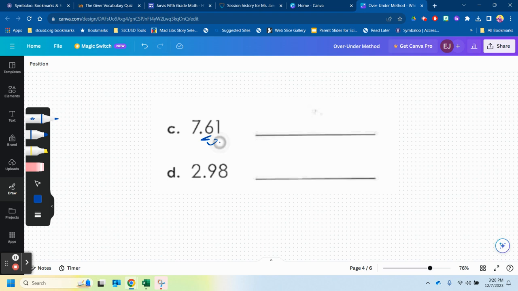If the number to the right is 5 or more, we increase the 6 by one digit. If it's 4 or less, we leave it alone and just get rid of the number. This is 4 or less. It's 1. So the answer would be 6 and 6/10. I just get rid of the 1.